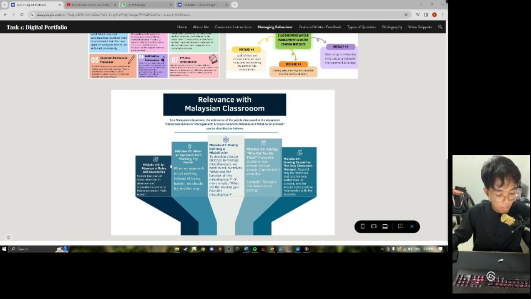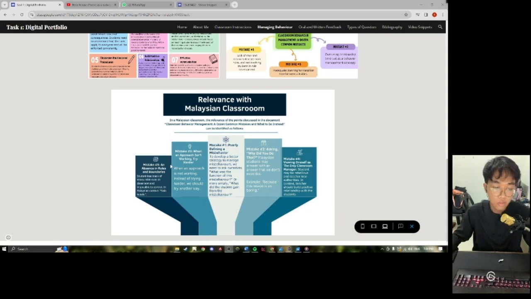And when we look back at an approach, when the approach doesn't work, we don't exactly have to try harder. Maybe another approach is the way. And lastly, rules and boundaries are one of the very significant things to look out for when it comes to managing behavior in a classroom, because these things are what control them, because without these they don't have a clear understanding of what they can do.